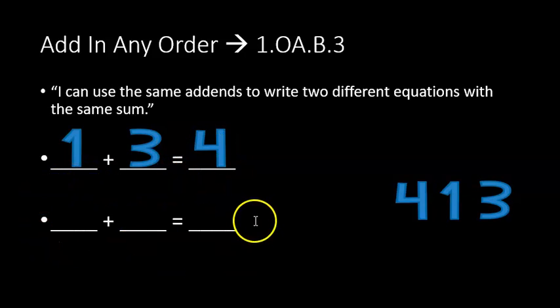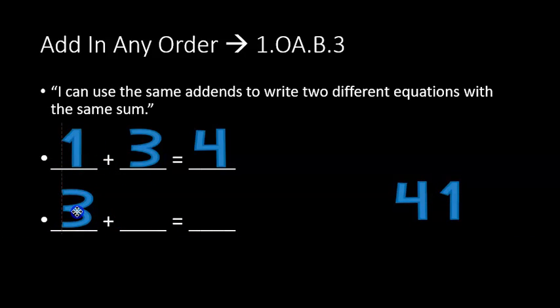Now we come here to this second addition equation. All we're going to do, boys and girls, is just swipe these numbers now. 3 is going to come up front. 1 is going to come up here. Think of it as an X now. You see, look at the cursor. It's making an X. That's all we're going to do now. 3 is going to come here. 1 is going to come here.